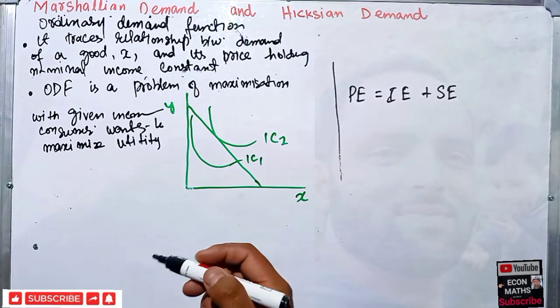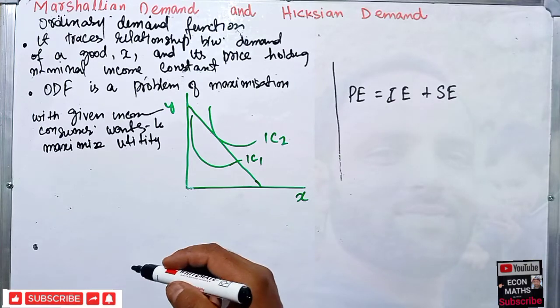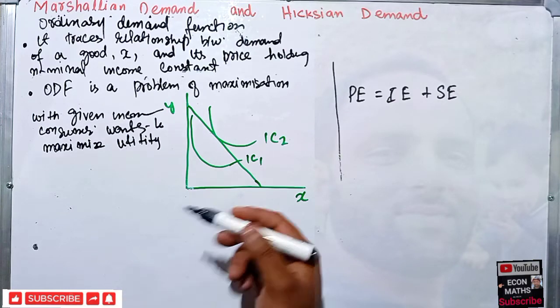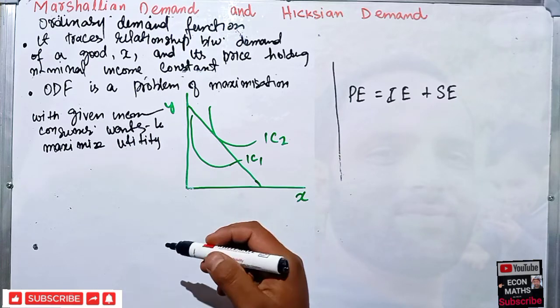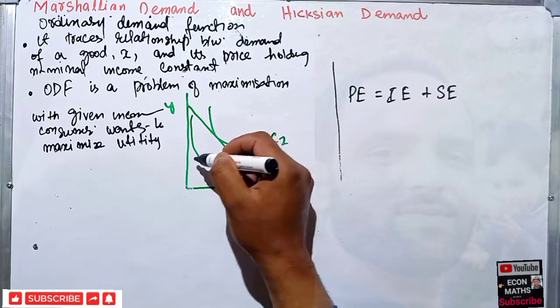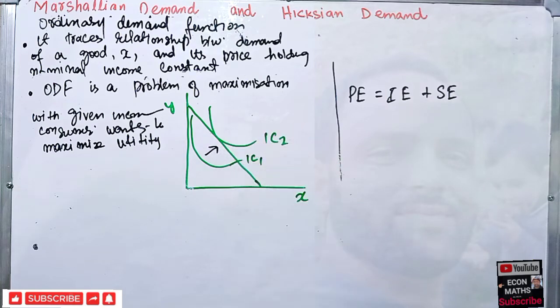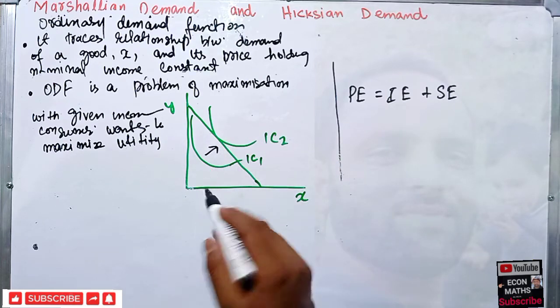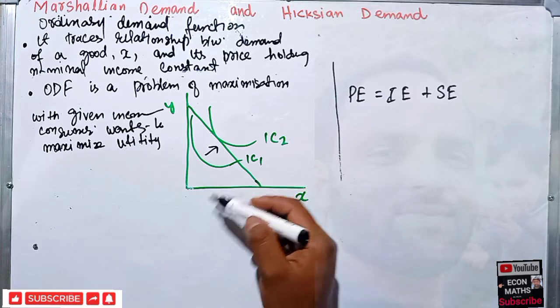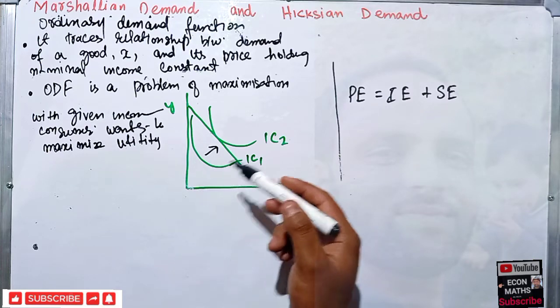What we can say here is that, given the budget, the consumer wants to maximize its utility. By maximization of utility, we mean the consumer wants to reach the higher indifference curve. Okay, so we are given the budget line and the consumer wants to reach the higher indifference curve.